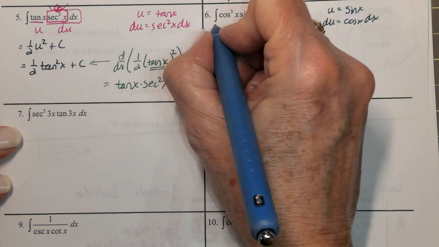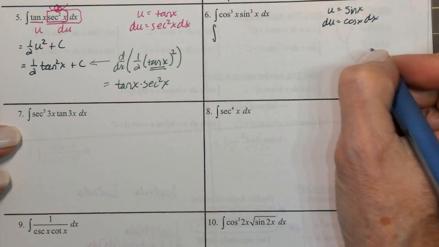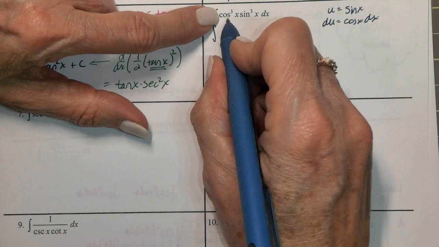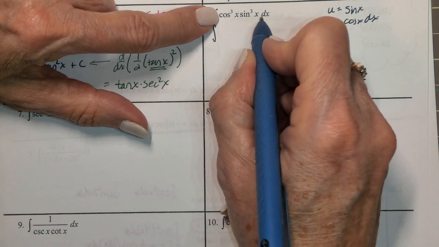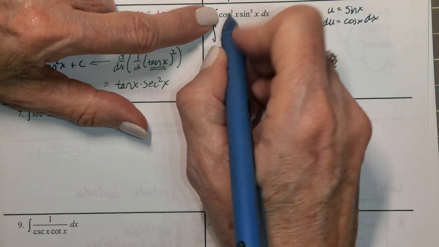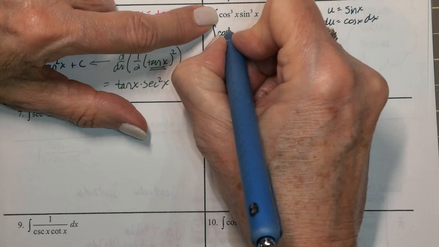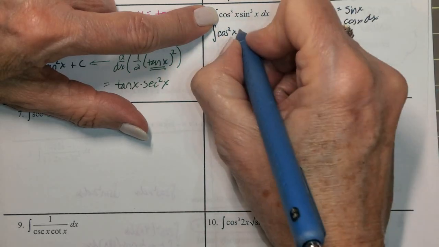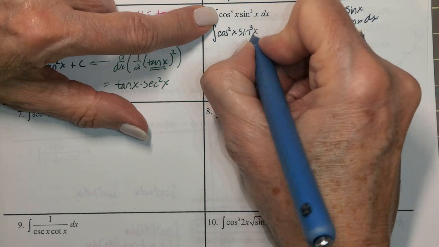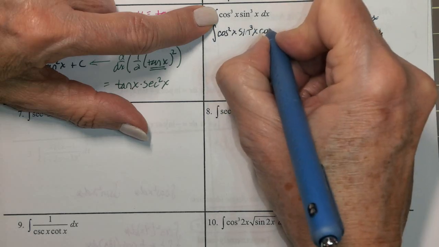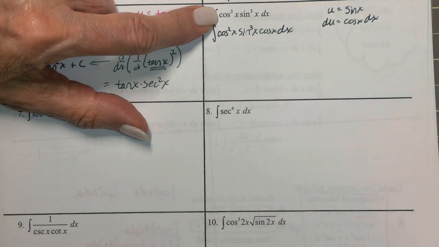So what do we have if we do this u sub? I'm going to take one of those cosines and put it back here with a dx. I'll still be left with 2 cosines though. Cosine squared x, sine cubed x, a cosine x dx.